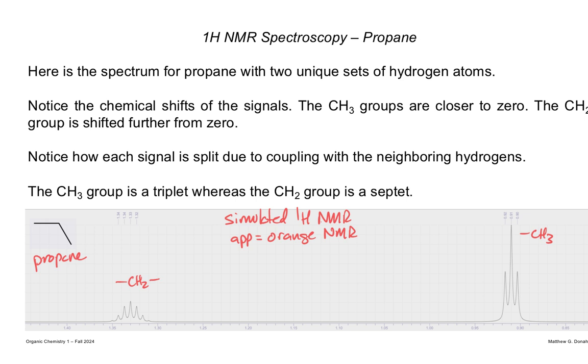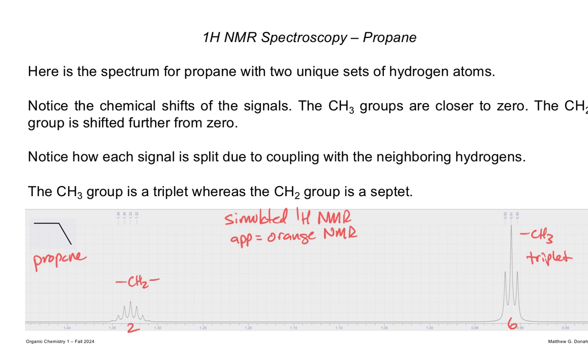The other thing that's not shown here is the integration. And typically on an actual spectrum, the integration is shown sort of below the signal. And so that triplet is worth 6 hydrogens. And then the septet is worth 2 hydrogens.